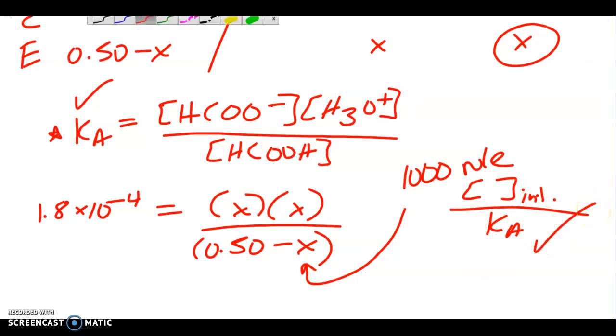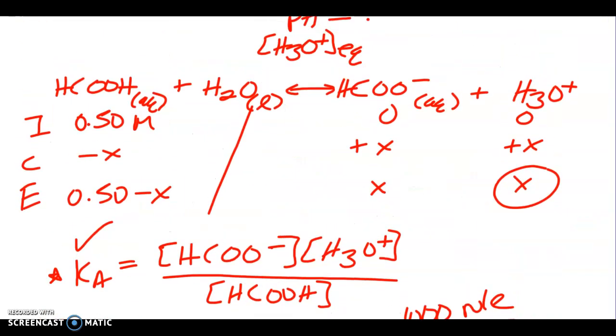So what does that mean? That means that we can get rid of this x, the 0.5 minus x. Remember, you cannot get rid of the x that is not being added or subtracted to something. If you start off with nothing, x is always going to be significant because it's going to make this bigger than 0, okay?